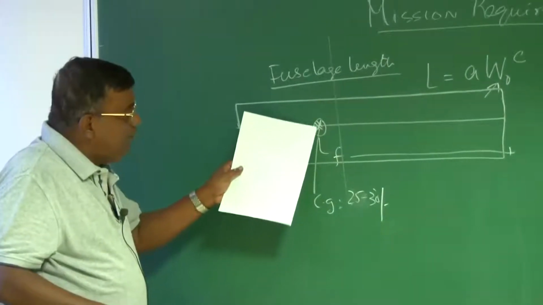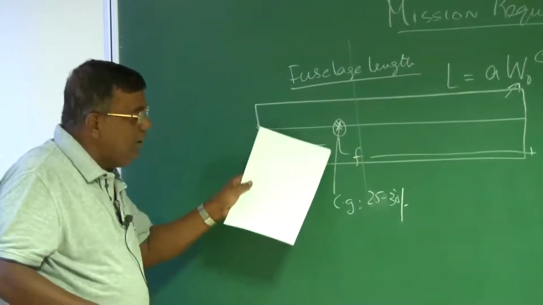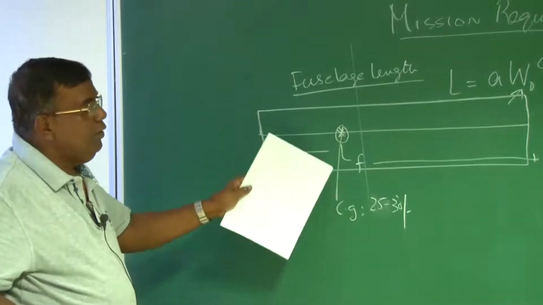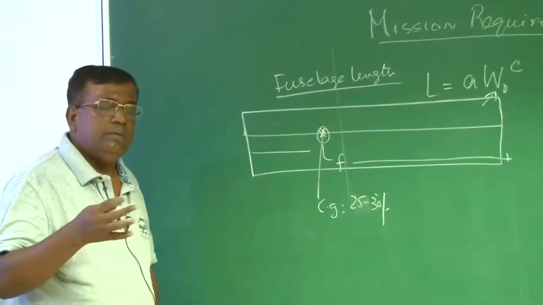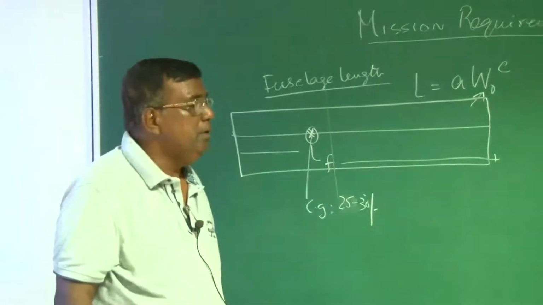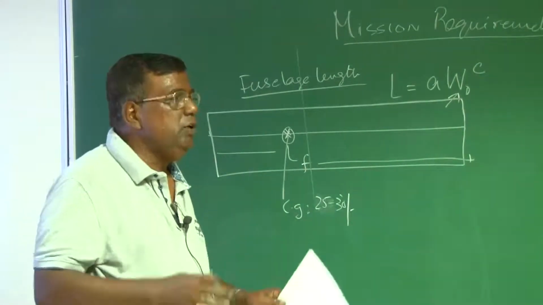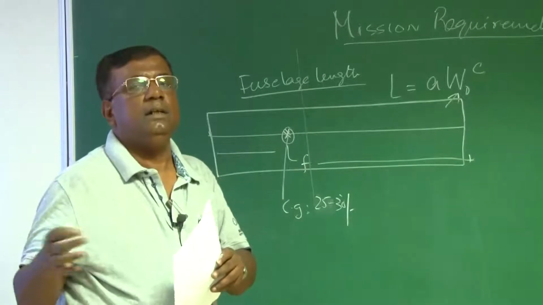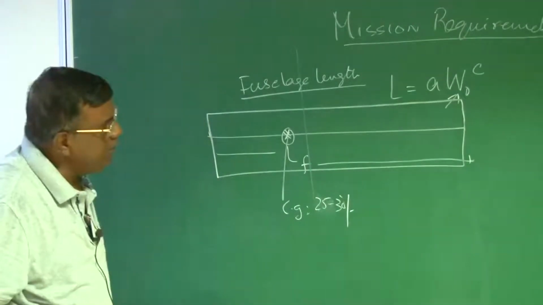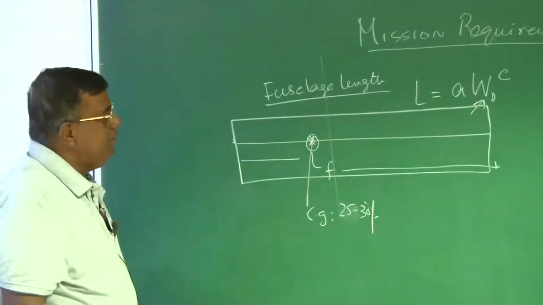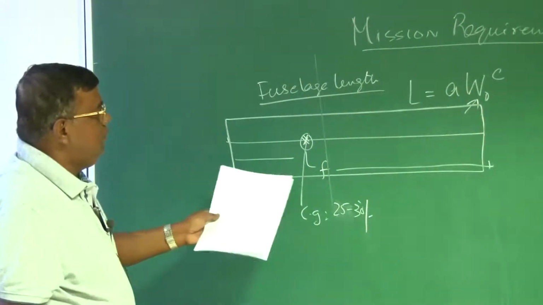The majority of the iteration works out here, because at this stage you do not have an idea about what sort of weight distribution will happen. So once you conceptualize, then you use approximate correlated statistical data and see where the CG should be. But it is not a bad idea if you take this sort of a percentage of total length for the CG.